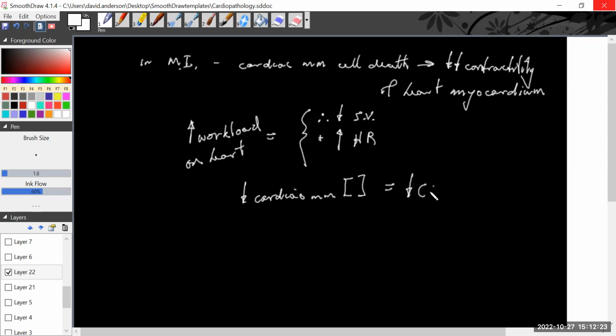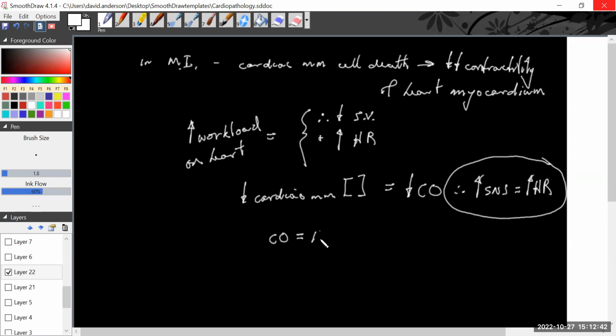By definition, that means cardiac output is going to go down, but then we're going to increase our sympathetic nervous system, which means we increase our heart rate. So this represents compensation. Going back to our cardiac output is a function of heart rate times stroke volume. So this is a decrease in stroke volume. This is an increase in heart rate, trying to maintain the cardiac output.